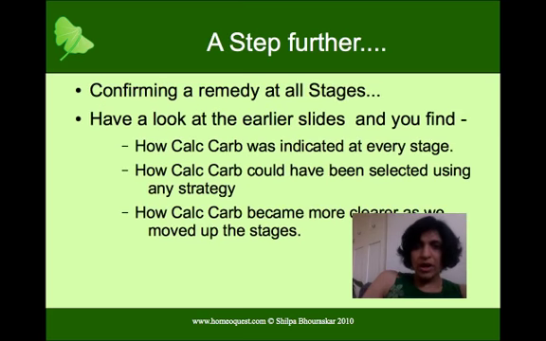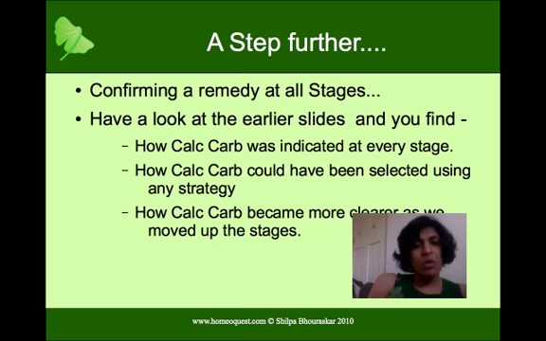So you can actually go a step further. If you've come so far and you've really confirmed the remedy at 4 stages, what you could do is you look back and then look at every stage, and you find that Calcarea carbonica was one of the 100 remedies at stage 1. It was one of the remedies at stage 2 in those 10 or 12 remedies, and it was one of the remedies at stage 3 when you're looking at the personality of Calcarea carbonica.